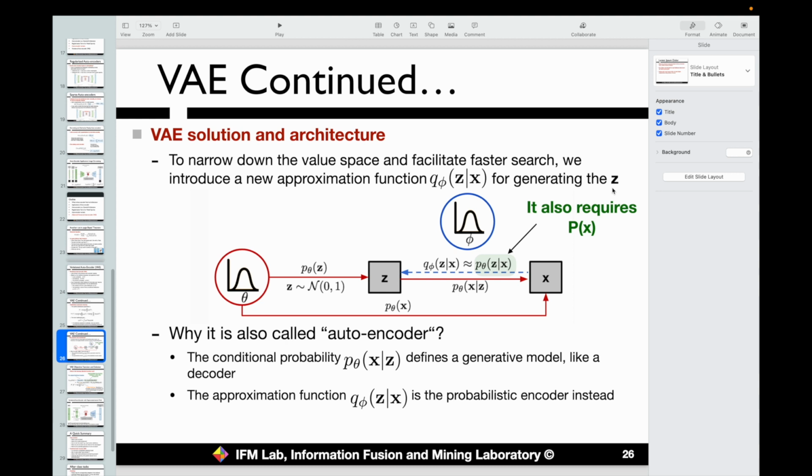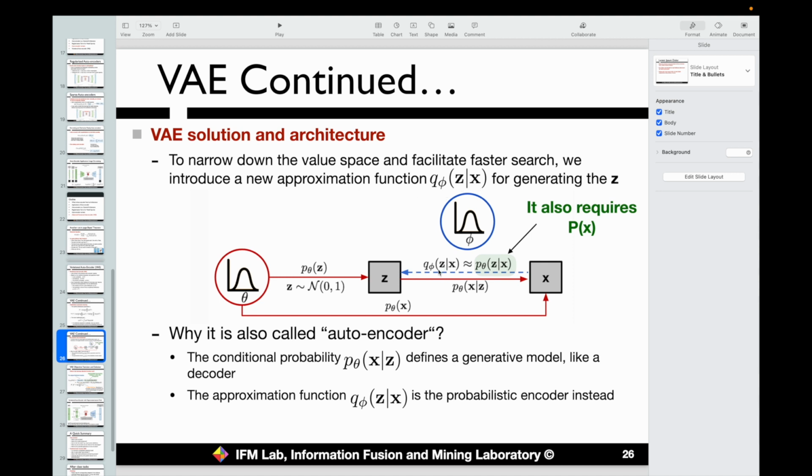And how can we ensure this QZX will work for us? We want to ensure this QZX will be an approximation of PZX. We want to ensure this equation will hold. Since this one also requires a computation of PX, it is very hard to calculate. But we just need to propose a new approximation function, QZX, instead.